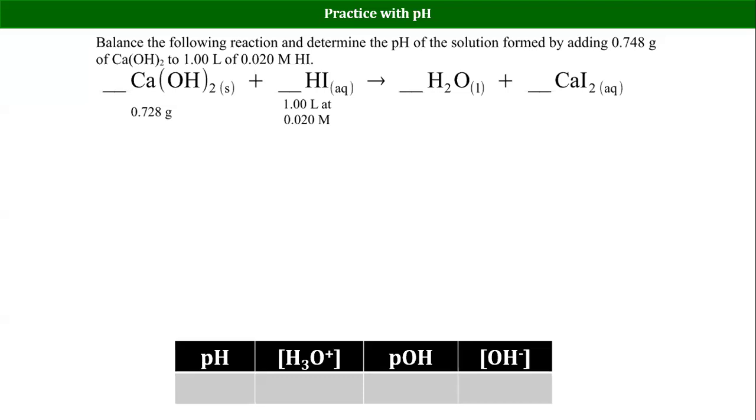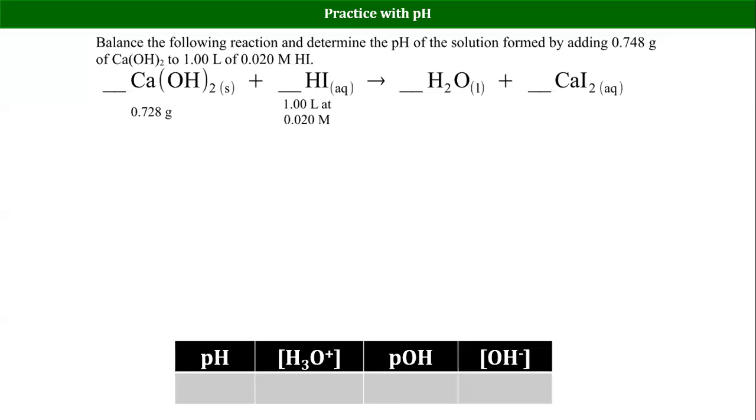For every 1 mole of calcium hydroxide, 1 mole HI used. Or sorry, it's 2 moles. That's literally the only step that's any different than the first problem we did, right? We had this 1 to 2 instead of 1 to 1.